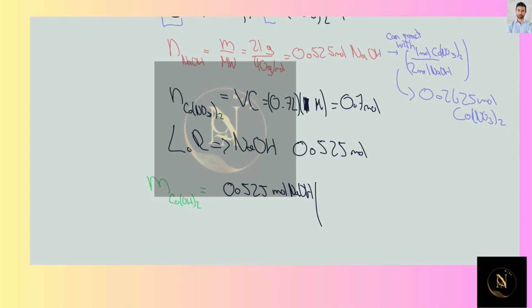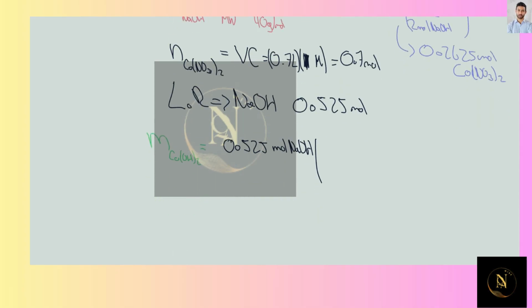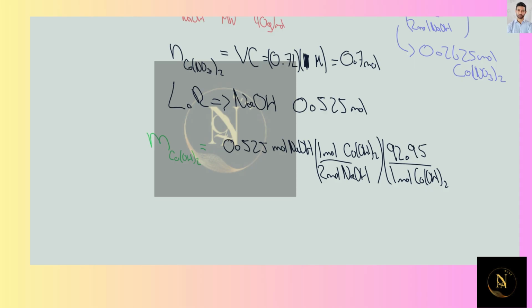We're going to employ the reaction. Over here we know that 2 mole of sodium hydroxide is going to produce 1 mole of cobalt hydroxide. And we know that 1 mole of cobalt hydroxide is going to have a mass equal to 92.95 grams, coming from the molar mass.